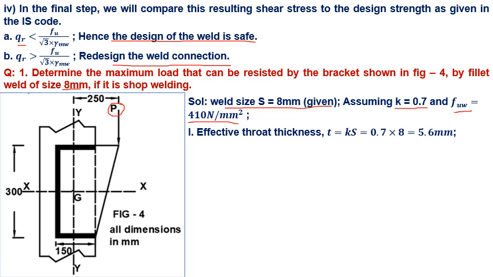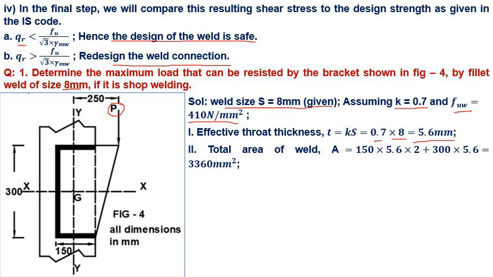Our first step is to calculate effective throat thickness, T equals Ks. We are assuming K equals 0.7 multiplied by weld size, then effective throat thickness comes out to be 5.6 millimeter.